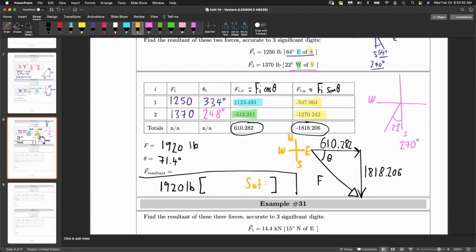South of east. And the angle is still 71.4. So it's important that you take the angle that you find using Pythagorean and inverse tan, and you write it in the context of the physical space that you're working with, which in this case is east and south.